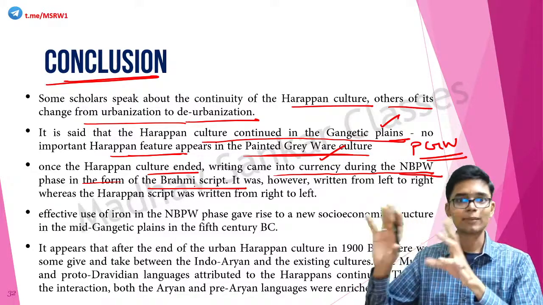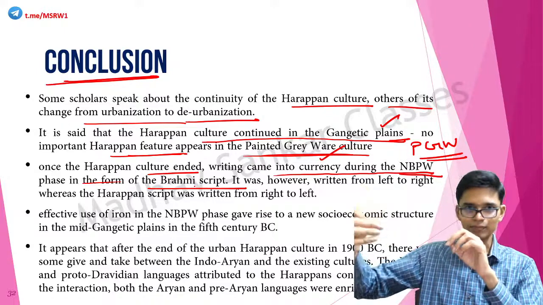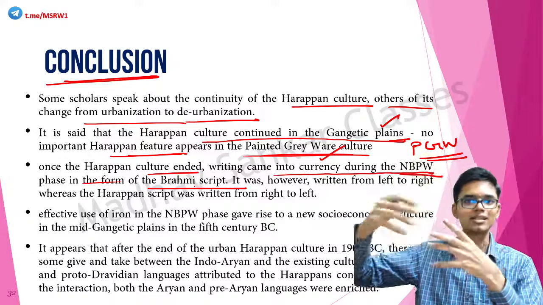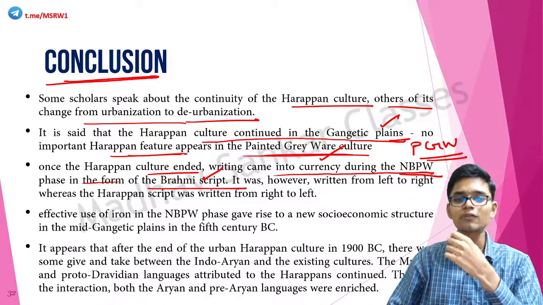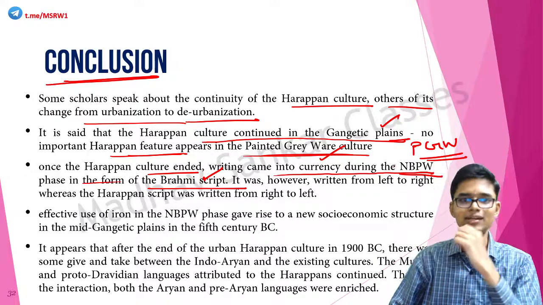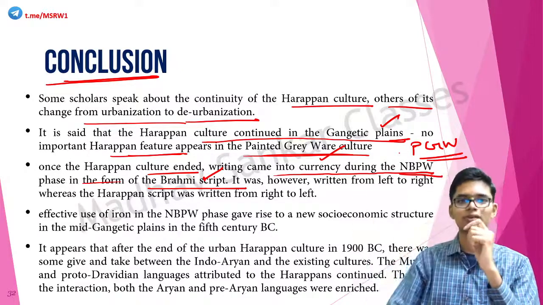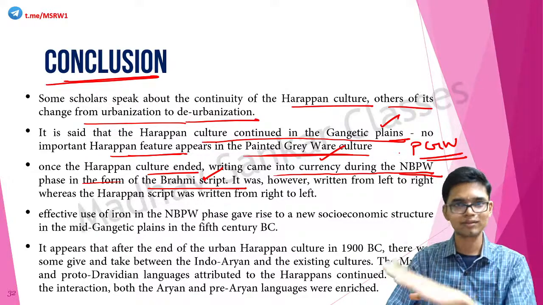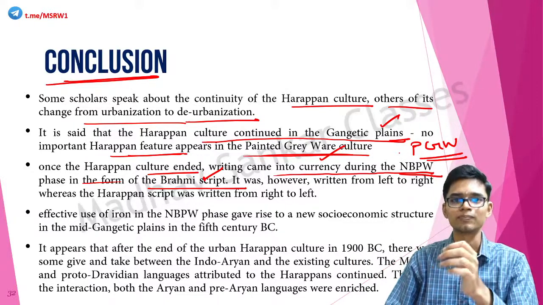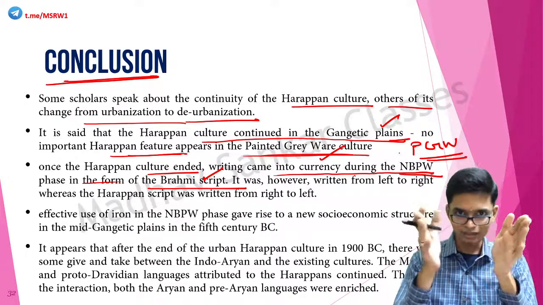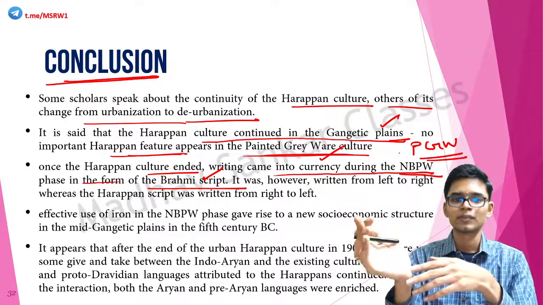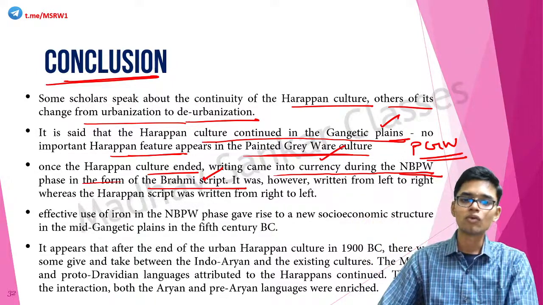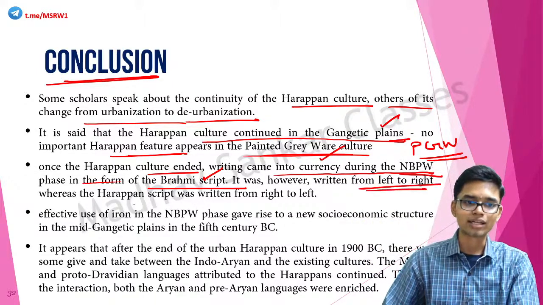The next writing after the Harappan writing that we see in history is the Brahmi script that came during the time of NBPW, very much later, not in the Indo-Aryan times. Between those time periods, we do not come across any writings. Clear? It was, however, written from left to right, whereas the Harappan script was written from right to left.